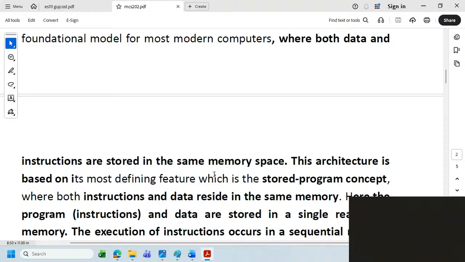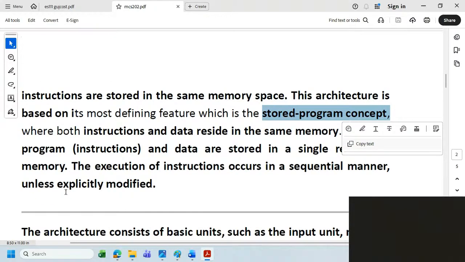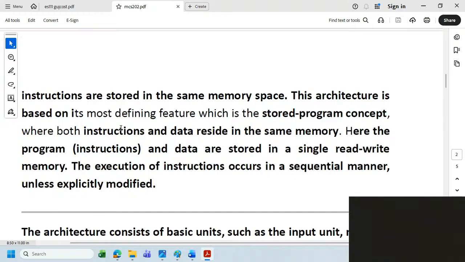This architecture is based on its most defining feature, which is the stored program concept, where both instructions and data reside in the same memory. Here, the program, instructions, and data are stored in a single read write memory. This is the crux of this question.